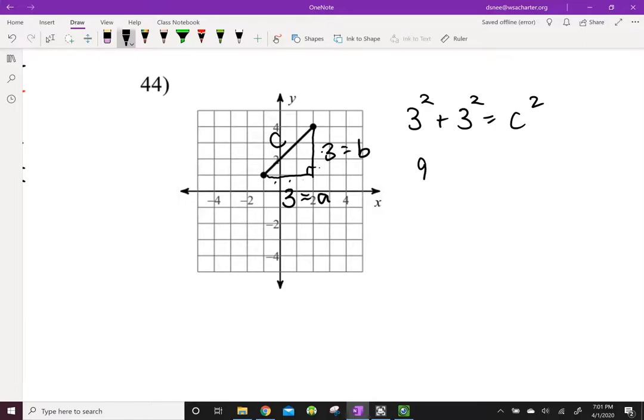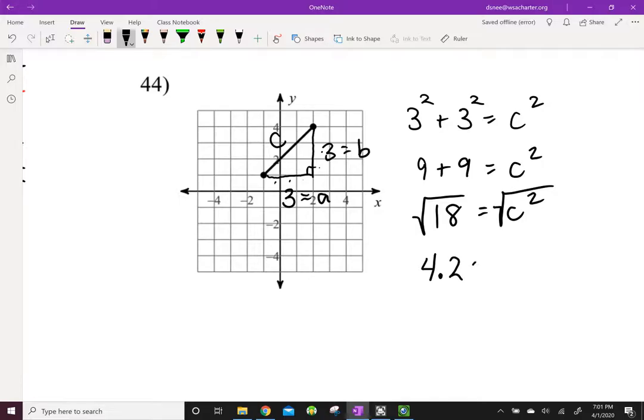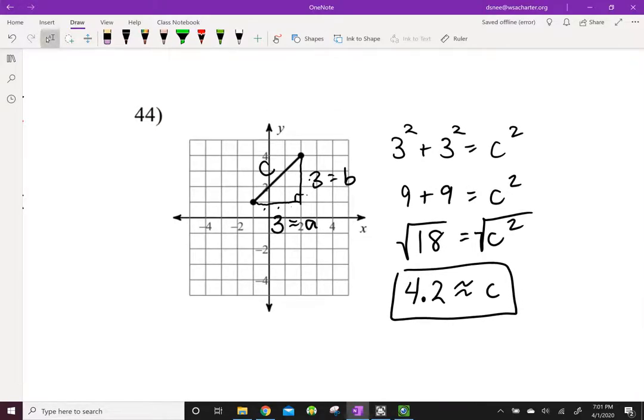That's 9 plus 9 equals C squared. 18 equals C squared. If you want to know what C is equal to, you have to take the square root. The square root of 18 is 4.24, or 4.2 approximately. Okay, check your answers, keep going, finish up 45 through 49.